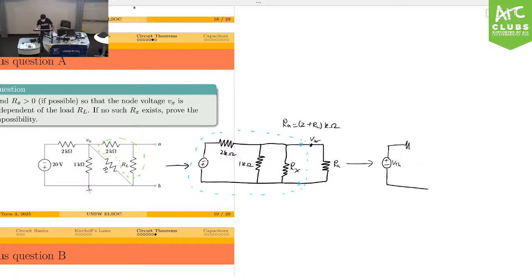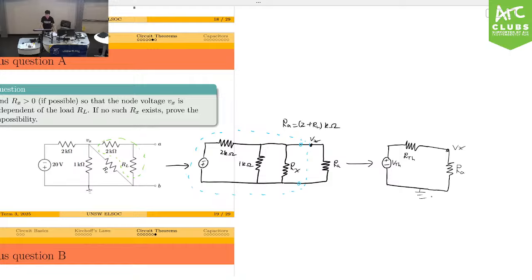That's going to be RTH. And that's going to be RA. And that's going to be Vx. And the ground still stays here.